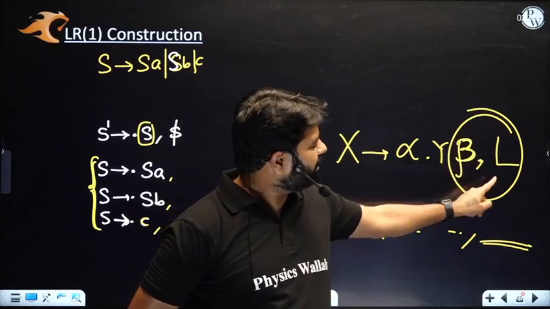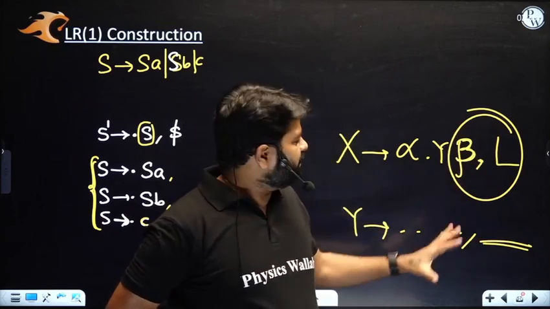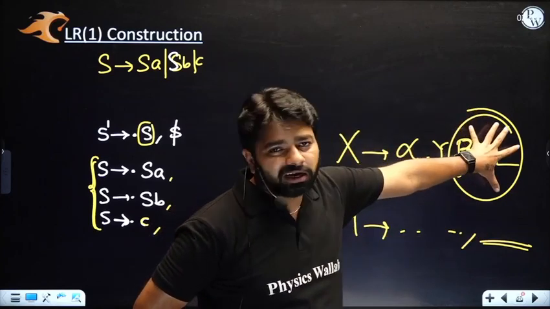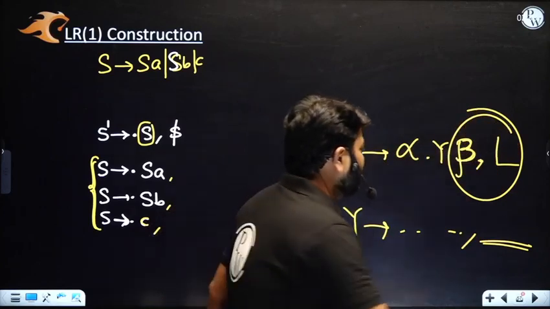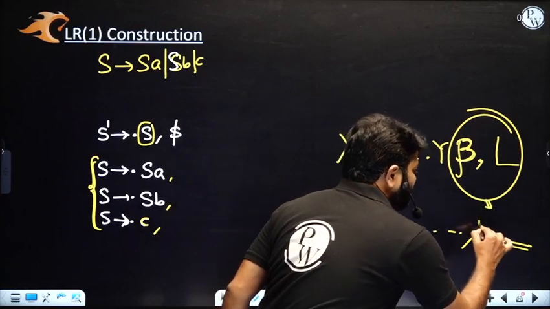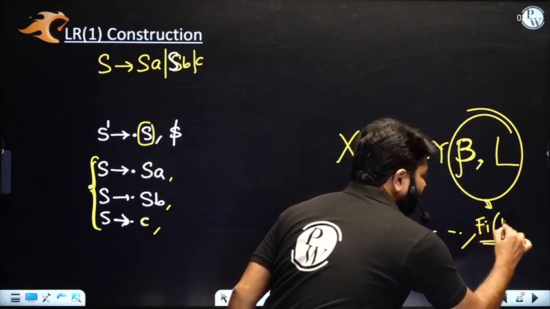If you don't have beta, you copy L. So simply, first of beta L.